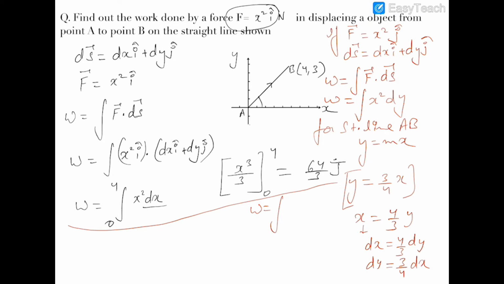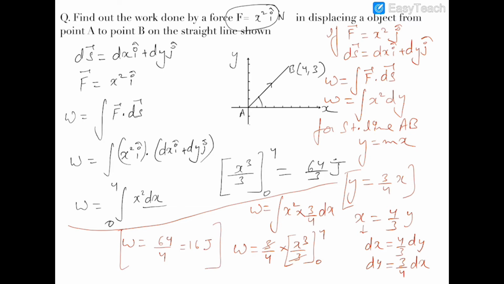So by putting x square into 3 by 4 of dx, work done will be 3 by 4 into x cube by 3, and again we have to put the limits of x coordinates, so integrating from 0 to 4, this work done will be 64 by 4, which is equal to 16. Okay, so this was the question of work done by the variable force.